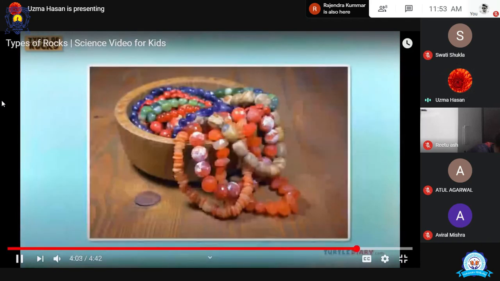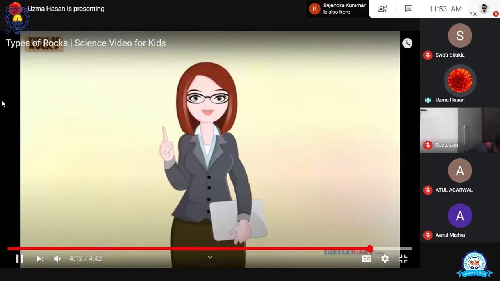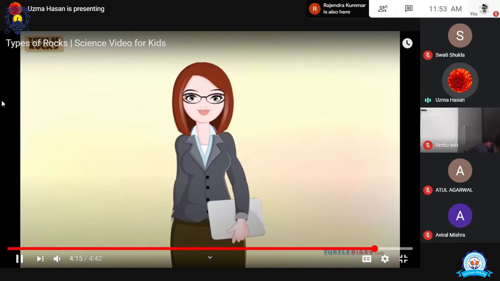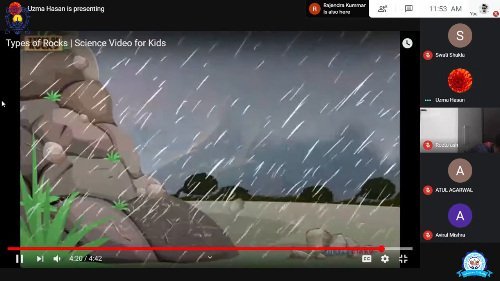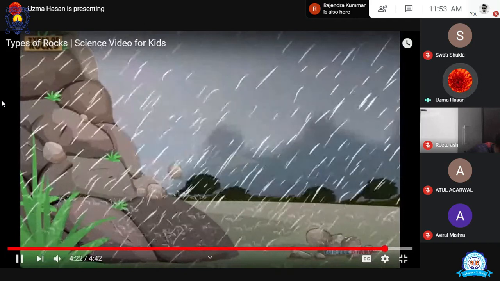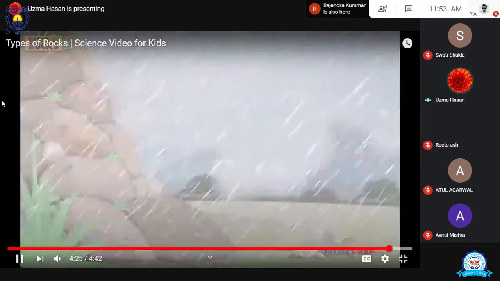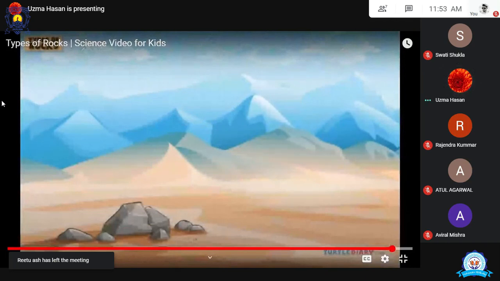That's why we use them in our buildings. But they do wear away over time. Wind and water wear them down. What happens when rocks break down? They become part of the soil.